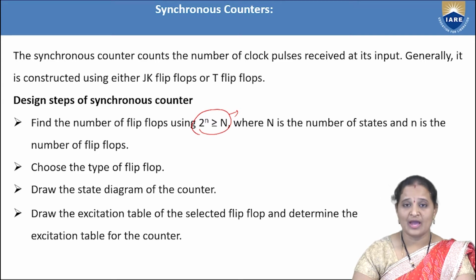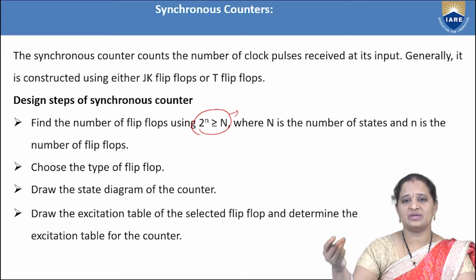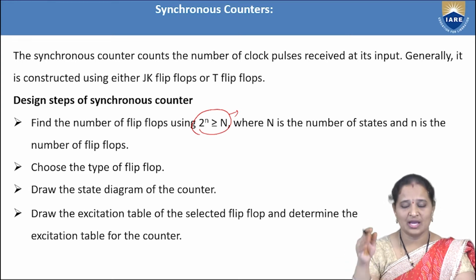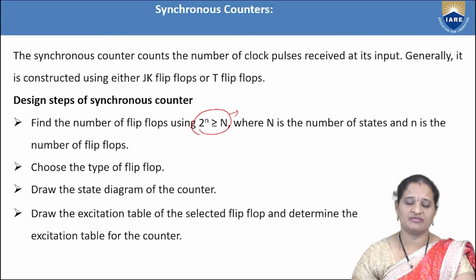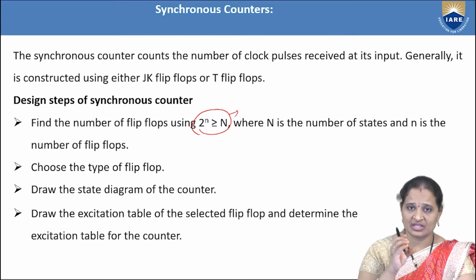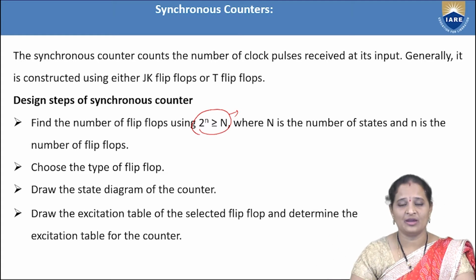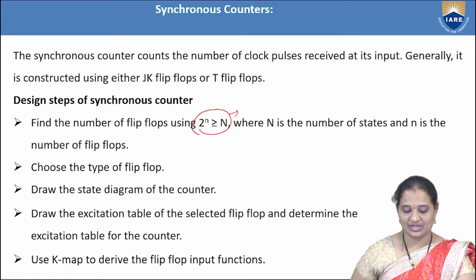In order to have a transition from the present state to the next state, what must be the inputs applied to a flip-flop? By taking the excitation table of the flip-flop, we derive the excitation table for the counter. By considering the present state and next state of the counter, we find the inputs that are required to be applied to the flip-flops.